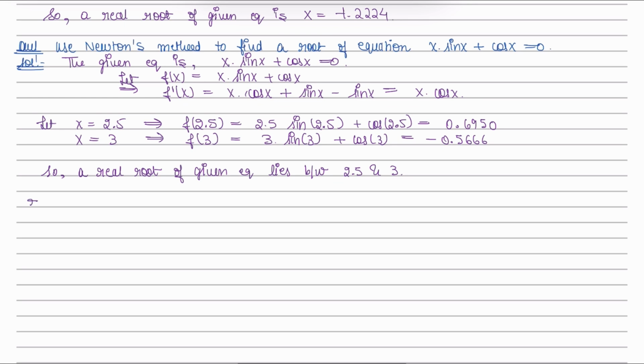Starting the iteration, the first approximation be x0 minus f of x0 divided by f dash x0, which is equal to 3 minus 3 into sin 3 plus cos 3 divided by 3 into cos 3, whose value be 2.8092.